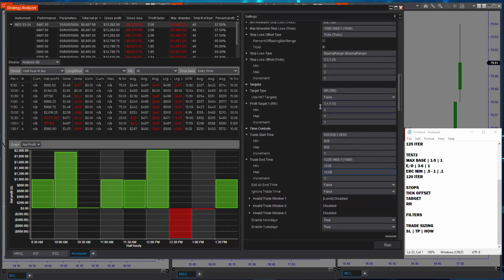Okay, so let's optimize this. We'll go 0.5 to 2 by 0.1.